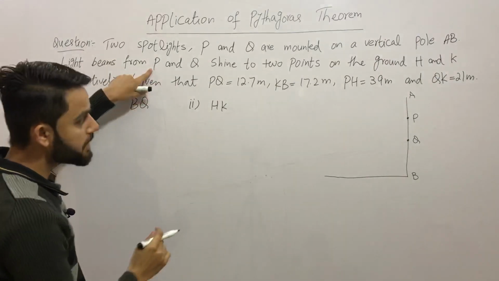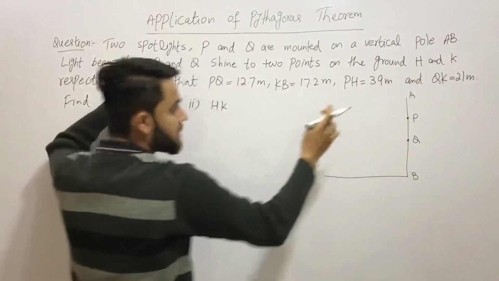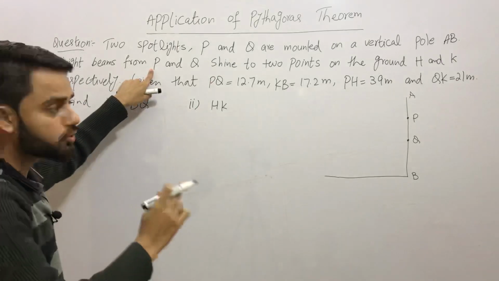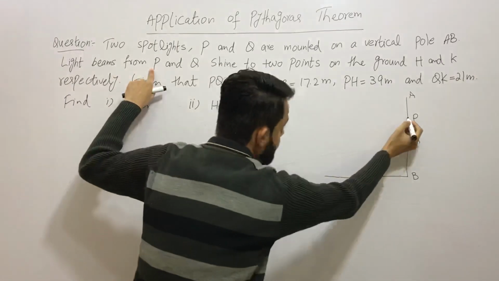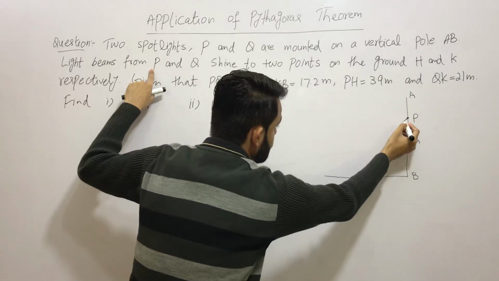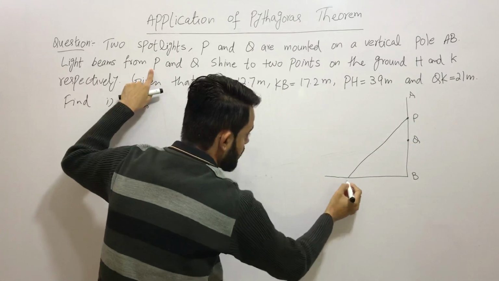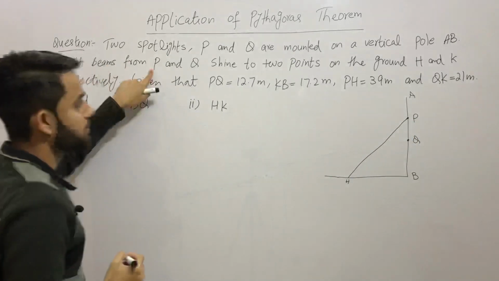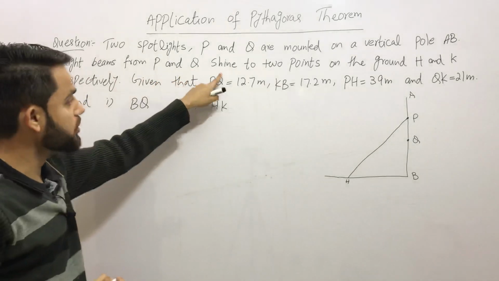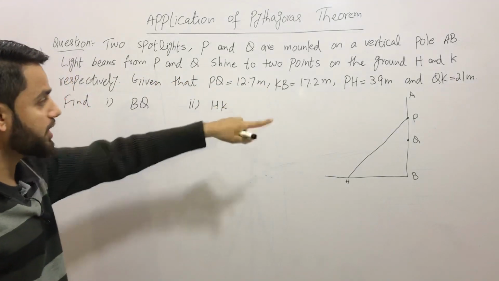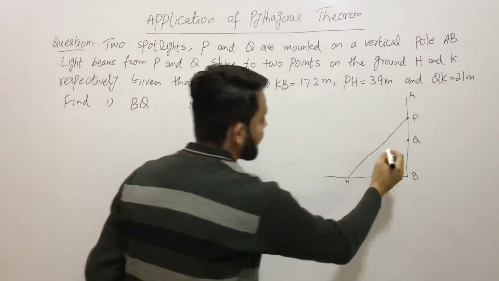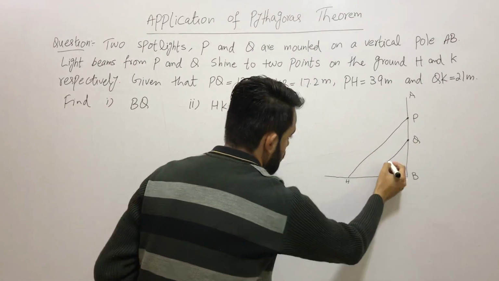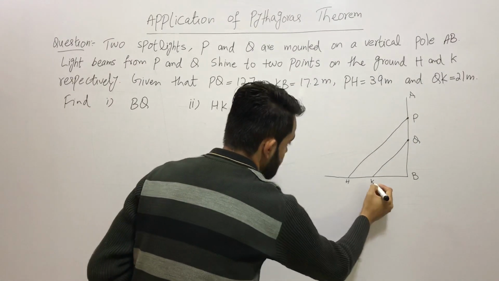If there is first P and then H, it means that H belongs to P. So from P we have H here, and for Q we have this K.